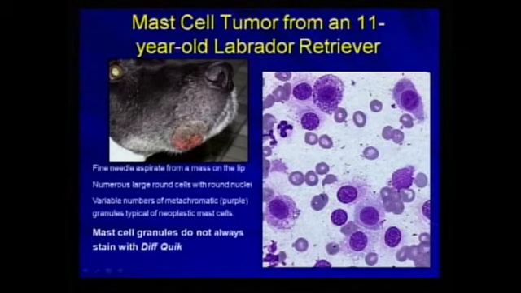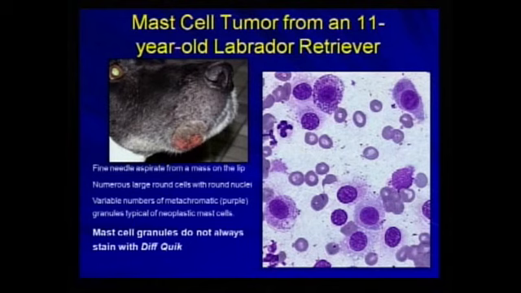And when they degranulate, and they can certainly degranulate during the making of this preparation, they tend to leave these holes behind because the membranes rupture, the granule material comes out, and there is a potential space there in the cytoplasm. And remember that if you're rough with your preparations, you can end up with a preparation where you have all of these granules scattered in the extracellular space. But this is a mast cell tumor.